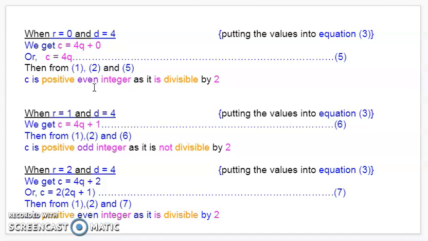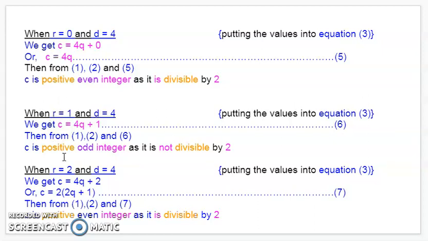If we are writing up to that, it means we are following all the remainders. This is an example. Here we have written all the forms of r, we are getting all the values.